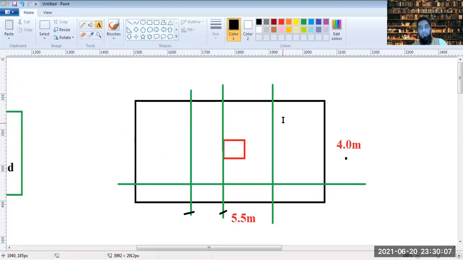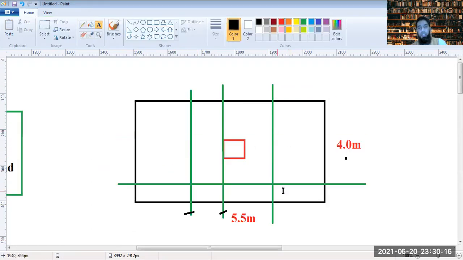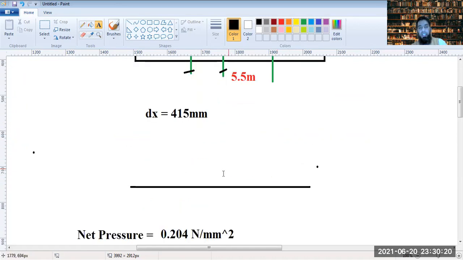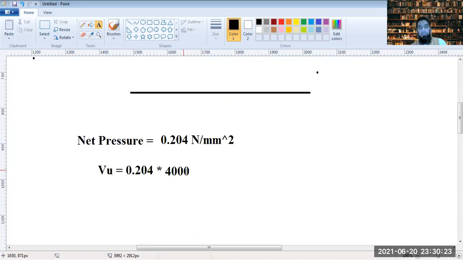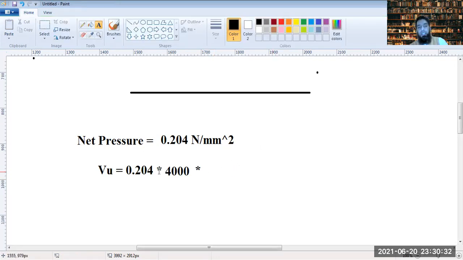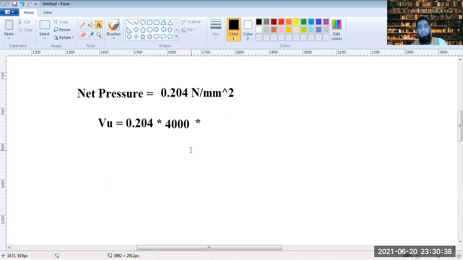It's 4,000 mm. Why are we multiplying it by 4,000? We are concentrating all the load that's acting along the shorter direction onto a single line, this green line somewhere, and I'm getting that value. Now this would be the total load that would be acting on that line. How much would that be?